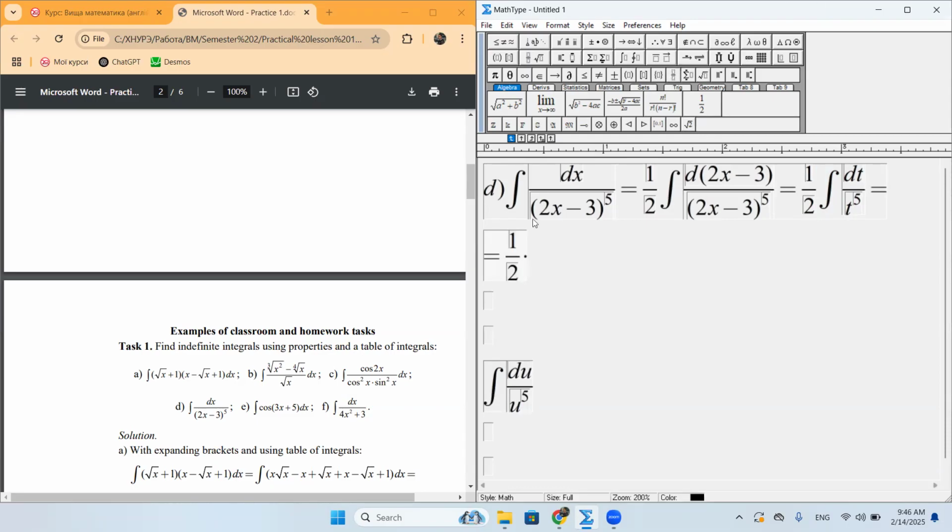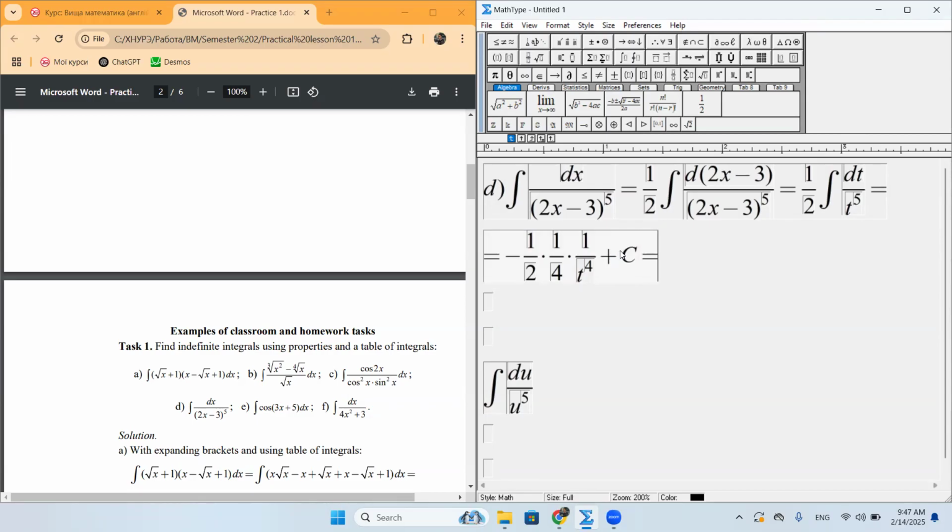So 1 over 6, minus 1 over 4, because it's a negative power. So 1 divided by t in power of 4 plus c.